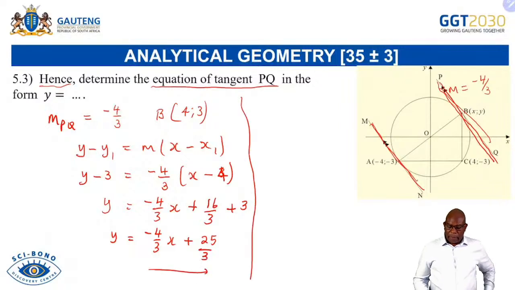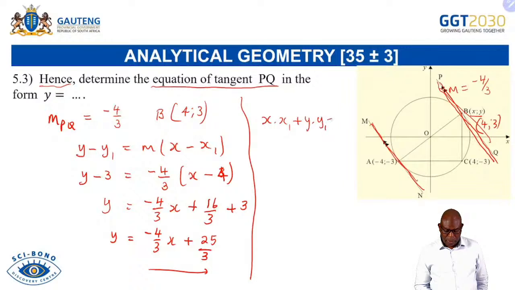Now, if I'm going to use the point 4 and 3 here, I can still use that method. Do you still remember? We have x times x1 plus y times y1 equals r squared. So I already have the r squared there, which is 25. So my x1 is going to be 4, my y1 is going to be 3, my r squared is going to be 25.